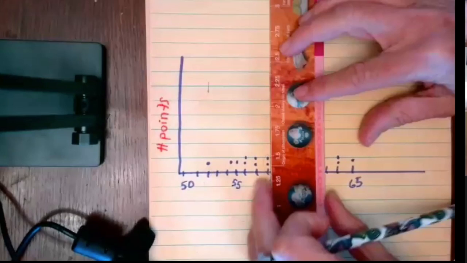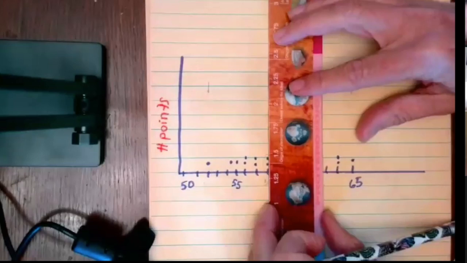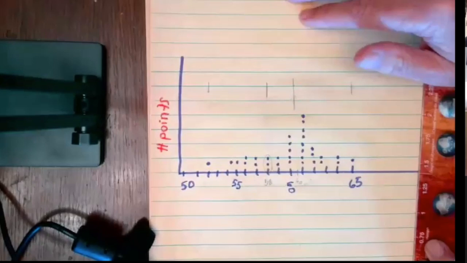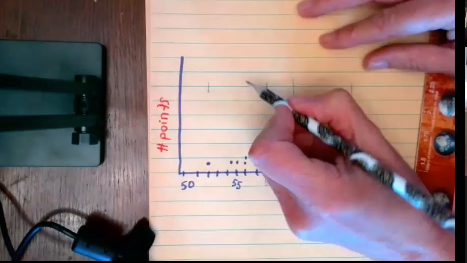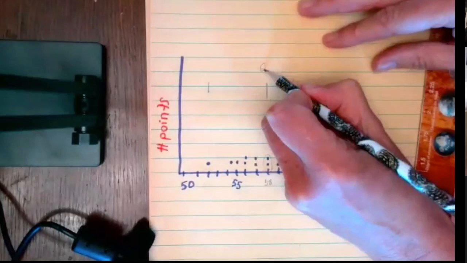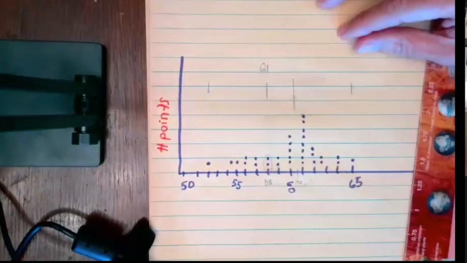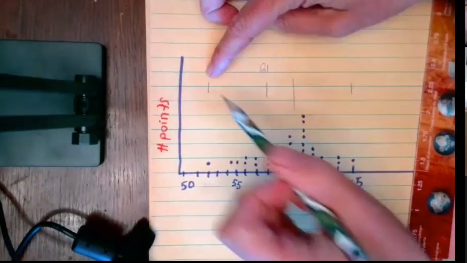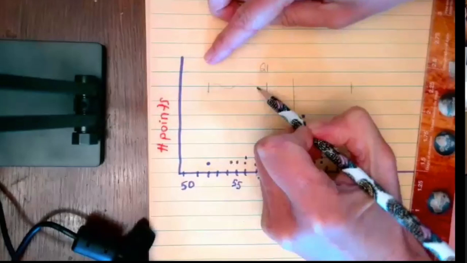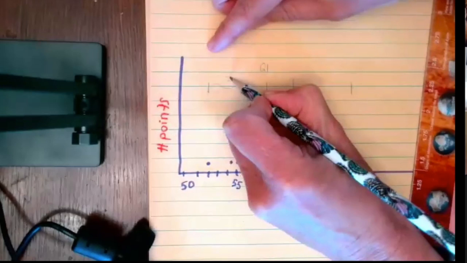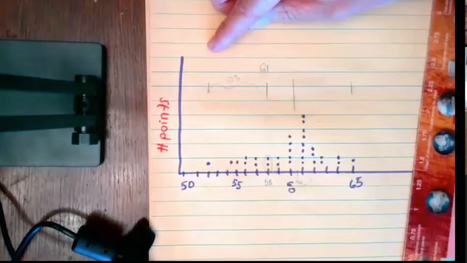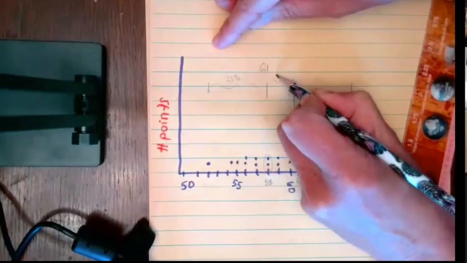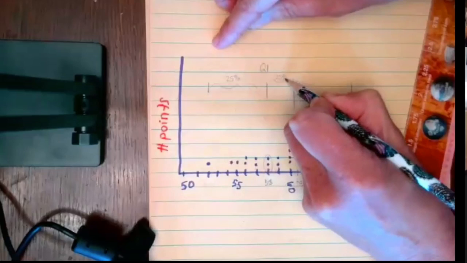So I'm going to put a line up above where the 58 is. And I'm going to call this line Q1 for quarter 1, because it is splitting my data now. Here is 25% of my data points, and here are 25% of my data points.